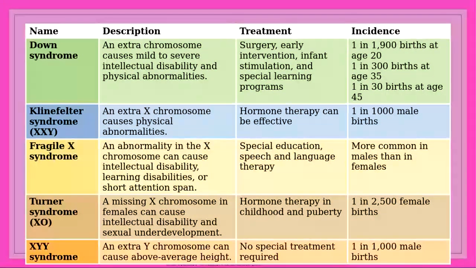So, for example, if your chromosomes, I'm sorry, are not separating correctly, that might mean that you're born with Down syndrome. And now think about for a second what some of the effects of Down syndrome would be. We know that there's physical limitations, physical abnormalities. We know that there's cognitive limitations with the intellectual disability. Most people born with Down syndrome, their IQ is below average.